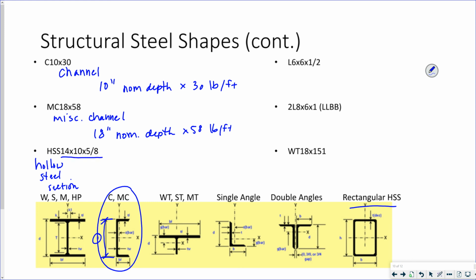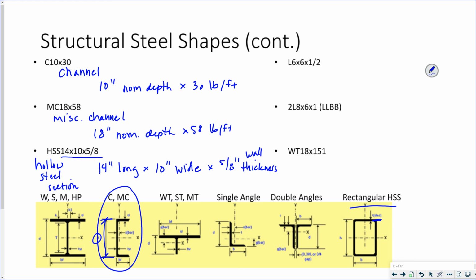This designation, these numbers mean it is 14 inches in one direction, so let's say long, by 10 inches wide by 5/8 inches thick, a wall thickness, right?